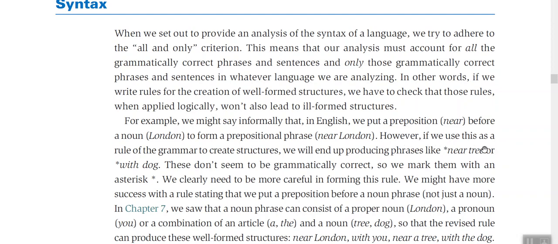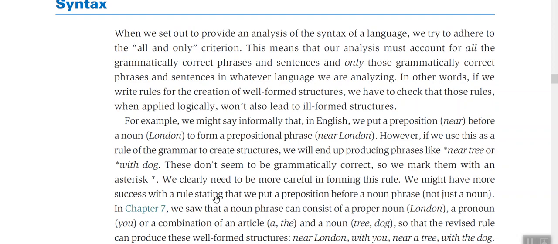If we use this as a rule, we will end up producing phrases like near tree or with dog. Here we have this asterisk. These do not seem to be grammatically correct, so we mark them with an asterisk. Asterisk means here ungrammatical.